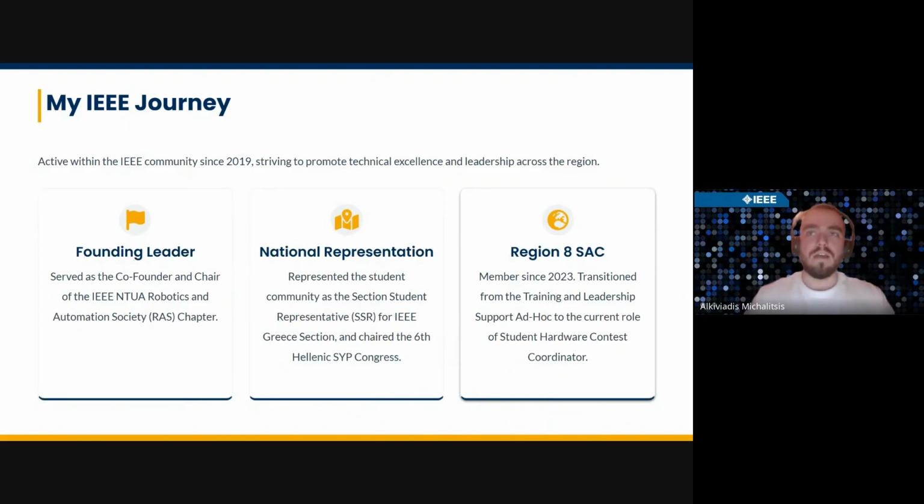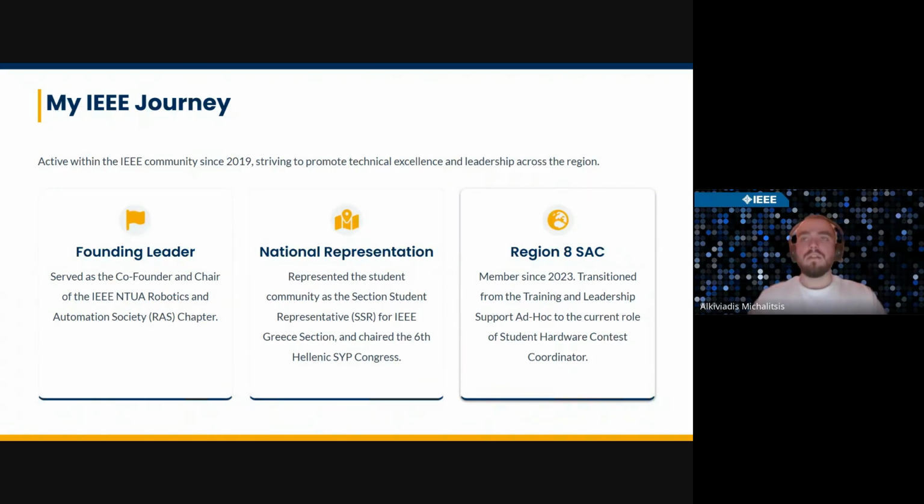After that, I went to the national level of Greece, where I had the position of the section student representative for 3 years. During these years, I had the honor to be the chair and the host of the sixth Hellenic Student and Young Professional Congress, which was held online due to COVID restrictions in 2021.